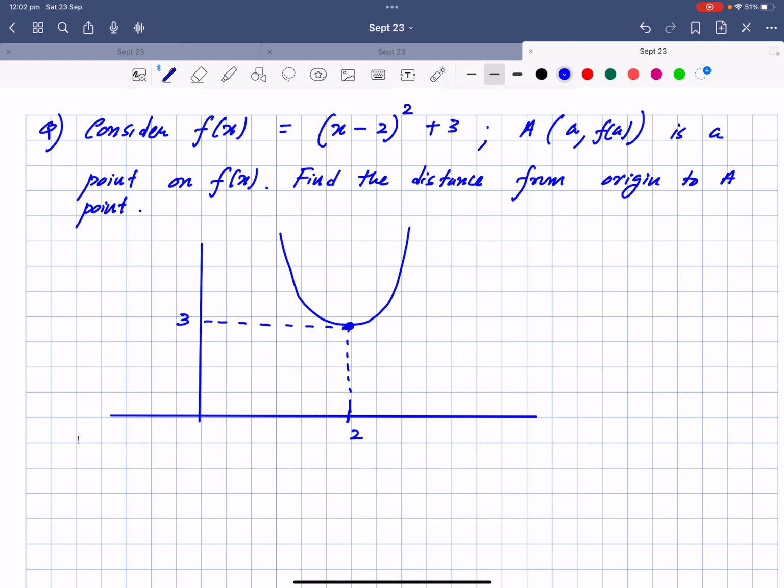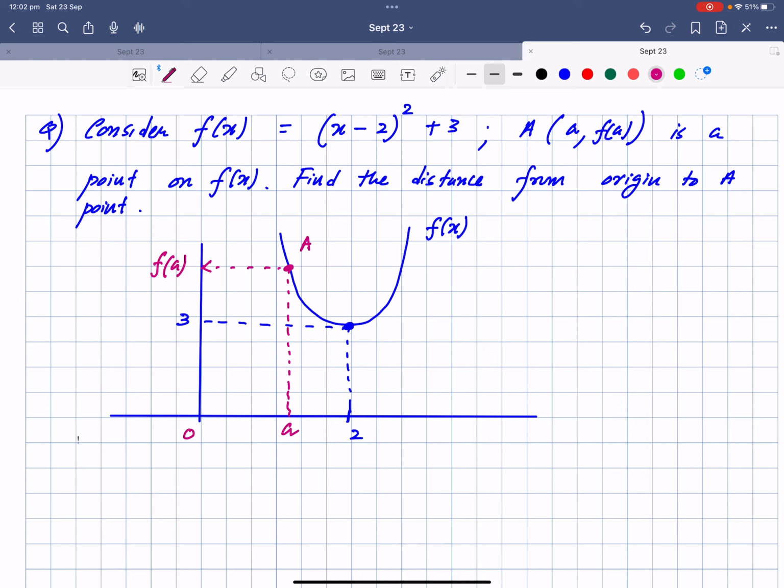This point is 3. Now this is the f(x) curve. Now a point can be here. This is a point. The x value of that is a here. So the y value of that would be f(a). This is the picture.